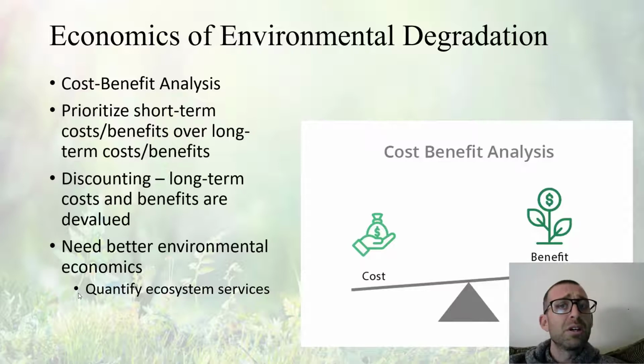Another problem with environmental degradation, the economics of it, is that for a long time, we haven't properly quantified ecosystem services. So what does this mean? Quantify just means giving a number to it, right? So there are services that our ecosystems provide that we can put a monetary value to, right?